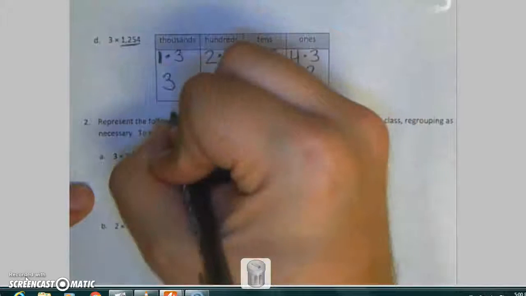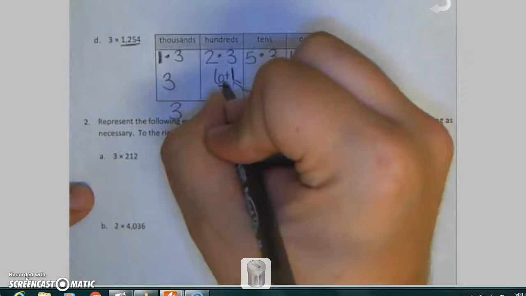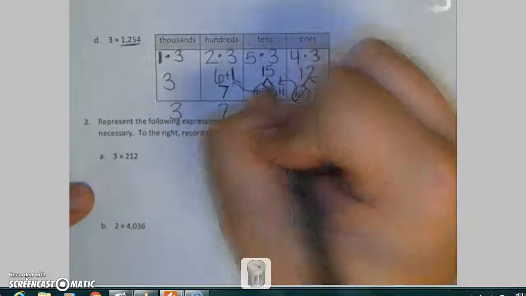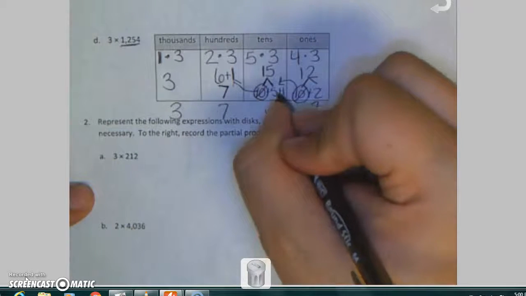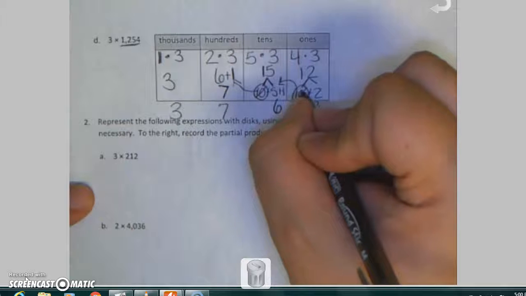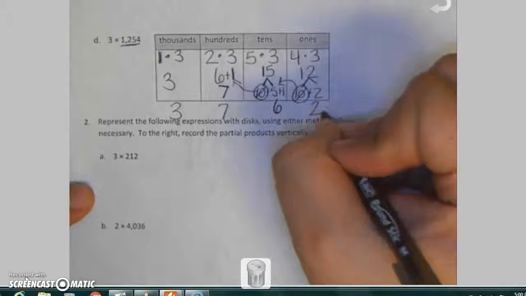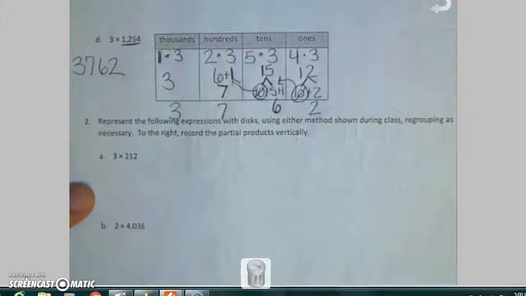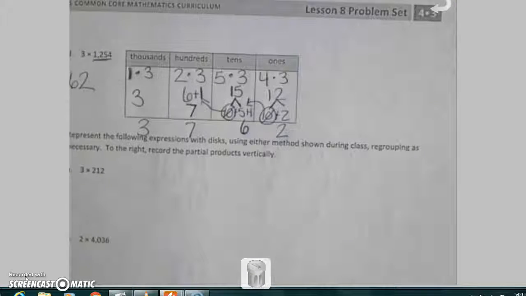So again, I had 3,000s, 700s, that 100 coming from these 10 tens, 6 tens, one of my tens coming from these 10 ones, and 2 ones. So my answer should be 3,762. We're going to check that with the decomposition method, or partial product method.